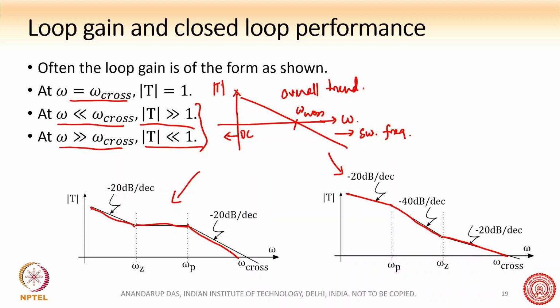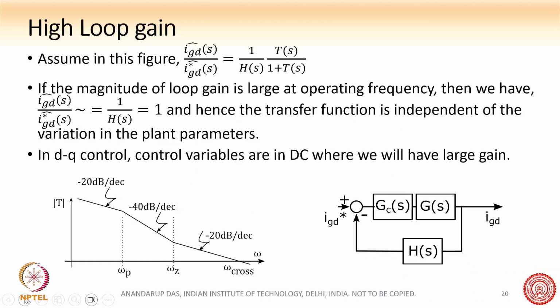What is the reason we start from a high value at DC and fall with omega?